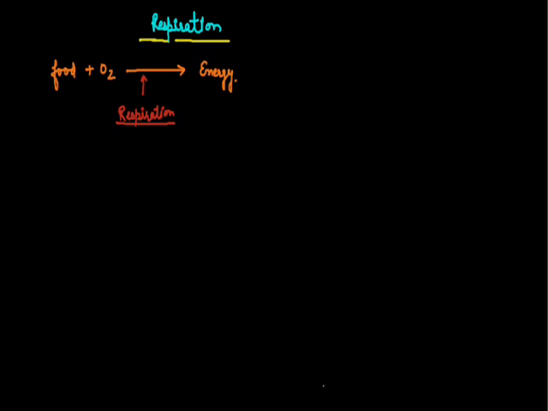So basically, this respiration phenomenon makes it possible for the foodstuff to be utilized for growth. You can define the respiration process as oxidation of food and liberation of energy.